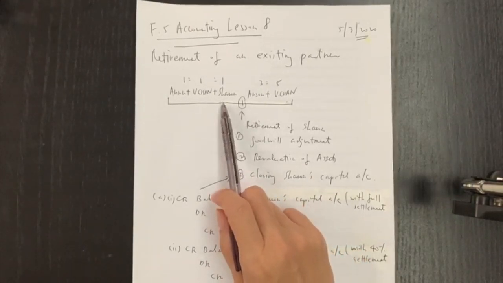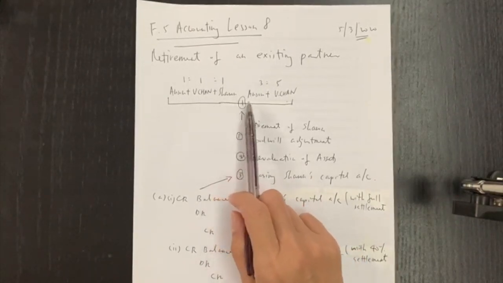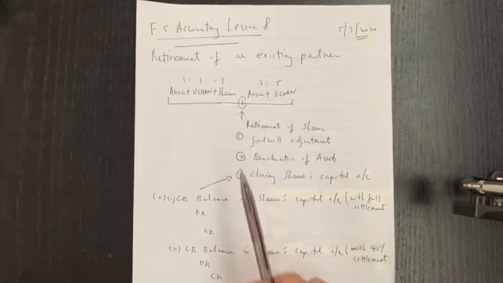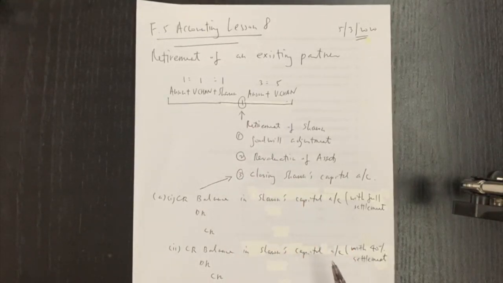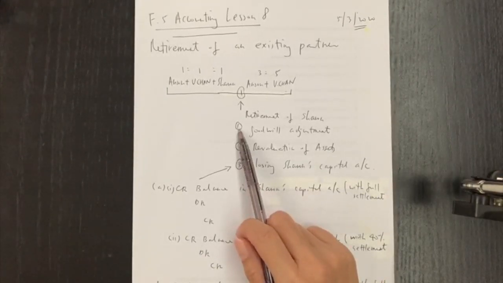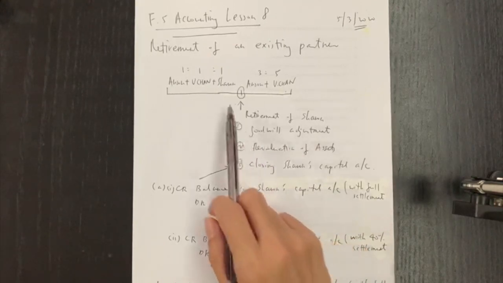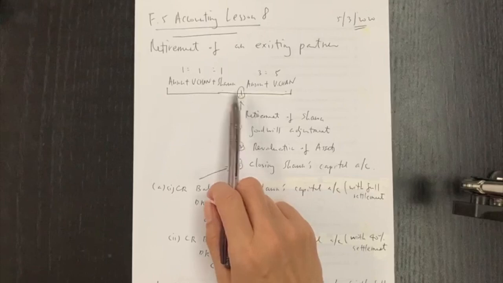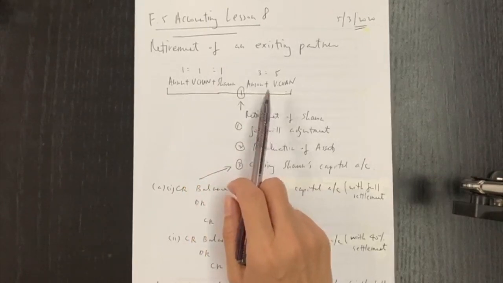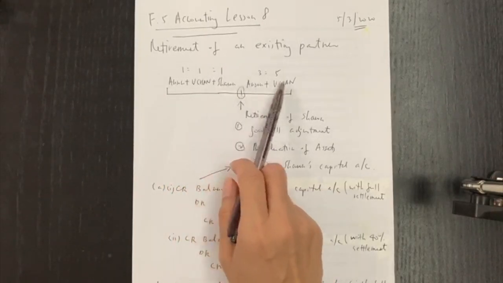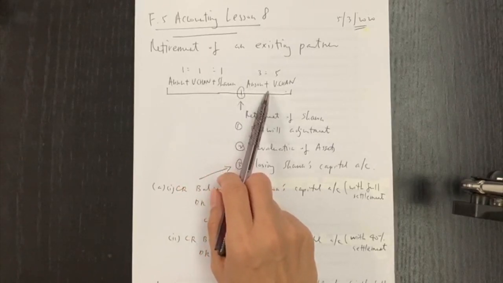Now, here is the story. After Sharon leaves the firm, we have Anson and V Chan here. So what are we going to do about the leaving of Sharon? The first one, we do goodwill adjustments. Why do we need to do goodwill adjustment? Because after changing the structure from 3 partners to 2 partners, you look at the P&L ratio, the profit and loss ratio changed, right?